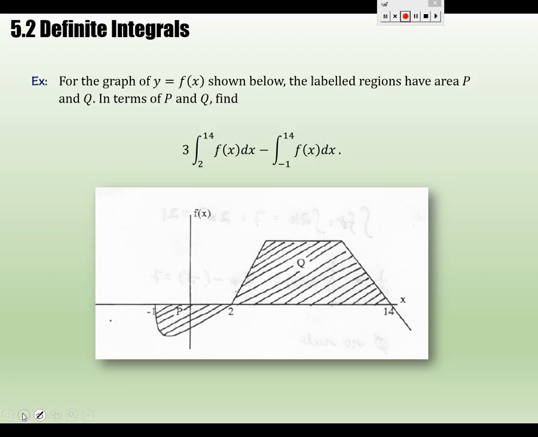To 14. So what's that first thing? That's definitely 3Q. There's not much to say. This one's interesting though. I'm interested to see what happens there. So this is 3Q. All right, now I need to think about what the integral from -1 to 14 is. Help me out with that.